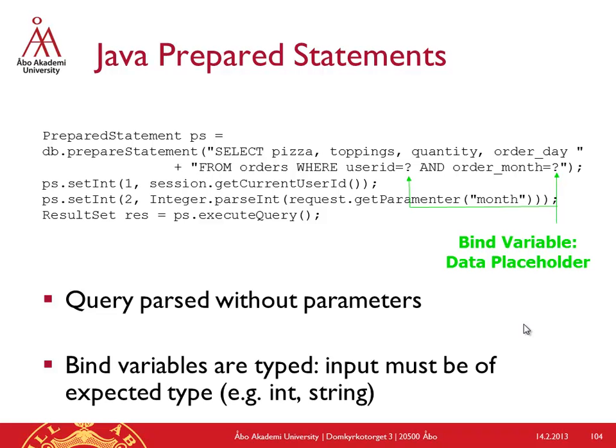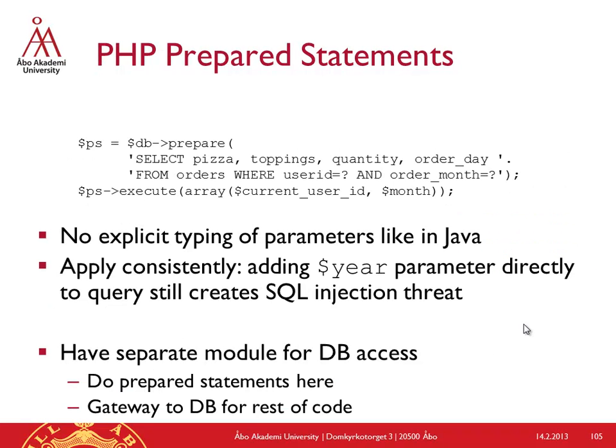So this is an example in Java. We have some sort of SQL request with some parameters, these question marks, and these question marks will be assigned to particular parameters. And these parameters have a particular type. So it's quite easy to check the type of these particular parameters. With PHP, it looks pretty much the same. The difference is just the syntax.